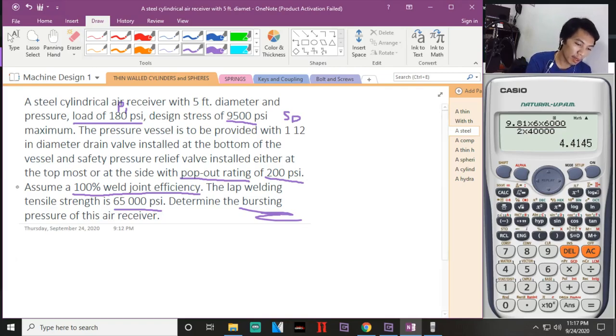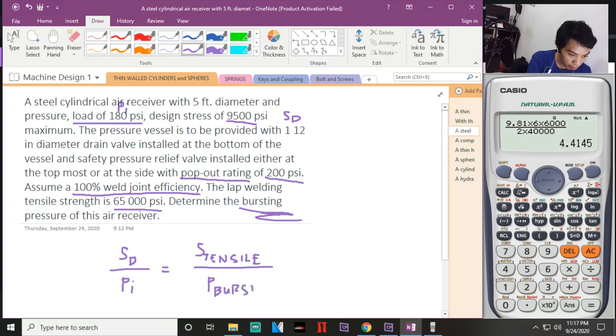Now, meron tayong shortcut na bibigyan ka ng design stress. I-divide mo ng pressure of internal. I-ratio mo, equal mo, dun sa tensile na ibinigay, divided by yung bursting. Makukuha mo yung si bursting.